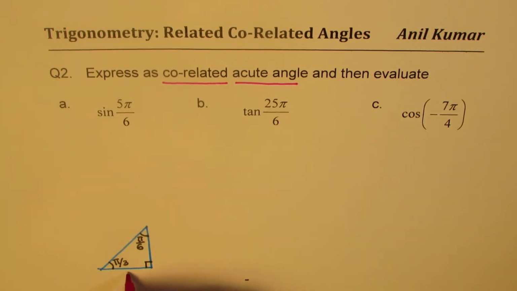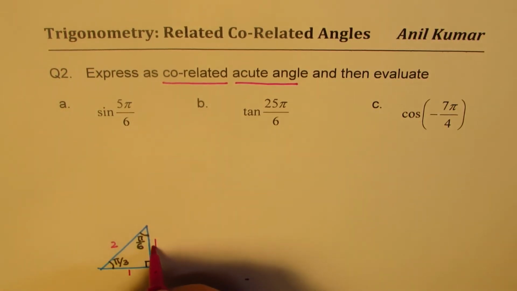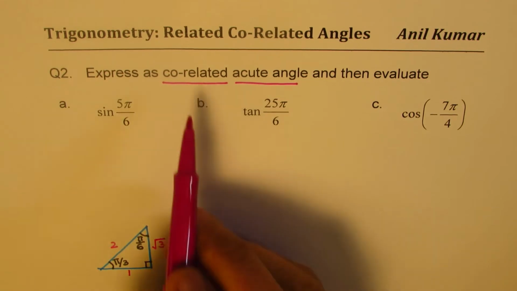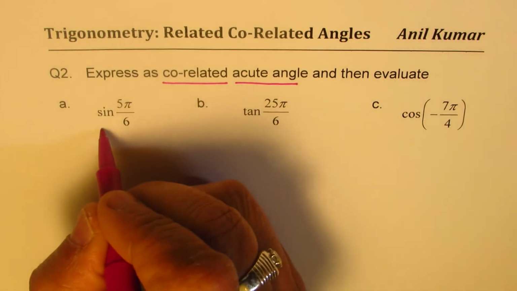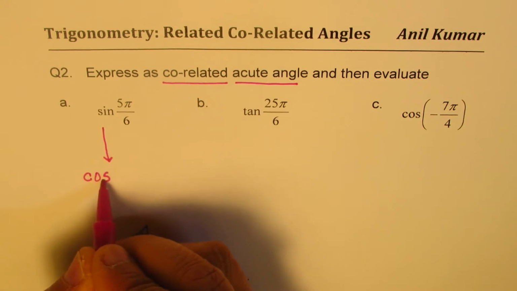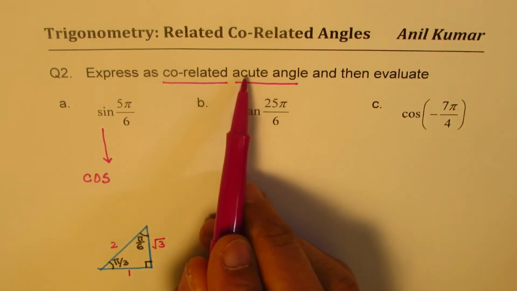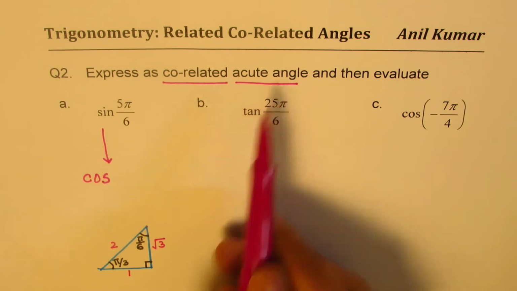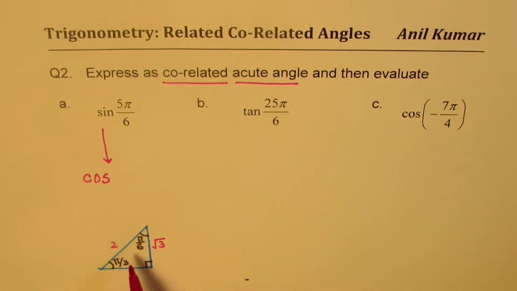Now, let me write down this value as 1, this is 2, this is square root of 3. When we say correlated, we want to write sine function as cosine function. This is first step. And when we say acute angle, we want one of these smaller angles, right? Which are less than 90 degrees. How do we do it?